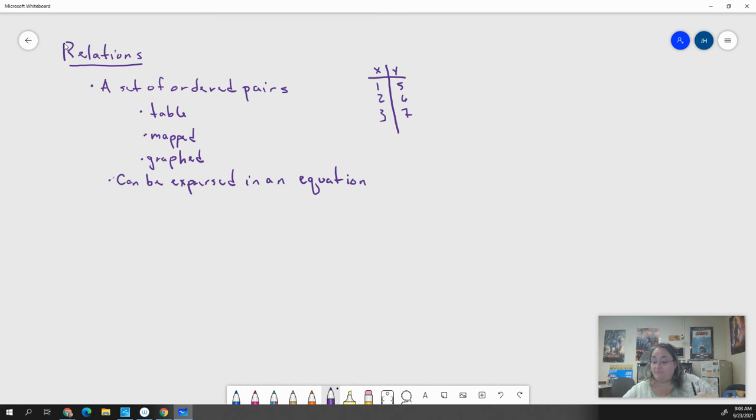And basically, you've got this set of X values, right? And we call those the domain, right? Any possible thing that X can be is your domain.